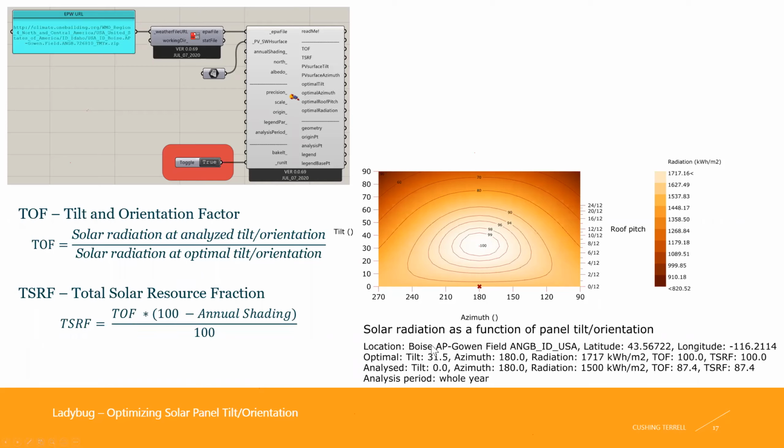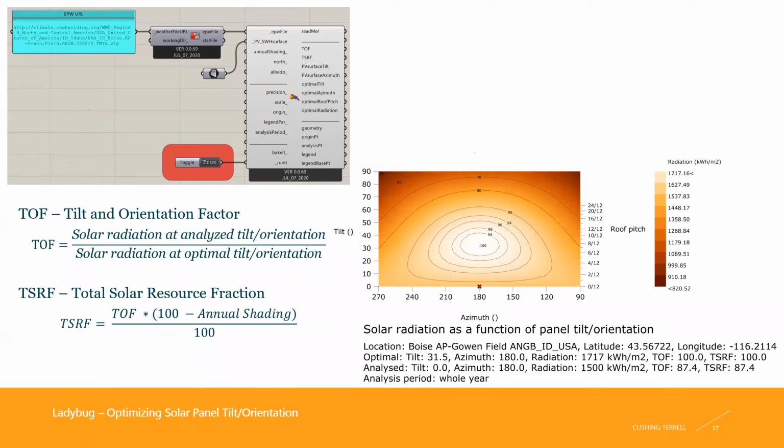This is for Boise. It gives you a radiation of this. Then I added a surface that's just laying flat on the ground, looking straight up at the sky, and that's at an 87.4 TOF factor. TOF is essentially the percent of optimal radiation that that surface gets.